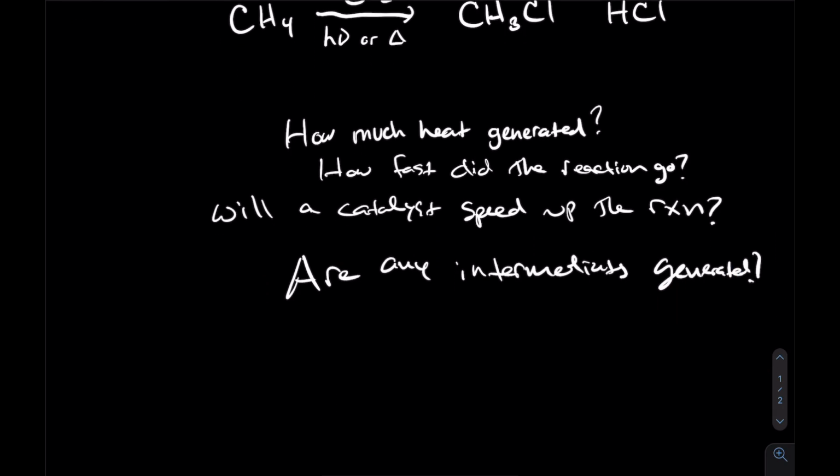So let's go down and actually sort of pictorially describe what I mean by intermediate and transition state, because an intermediate and a transition state are actually two different things. And the best way to illustrate these differences is with something called an energy diagram.